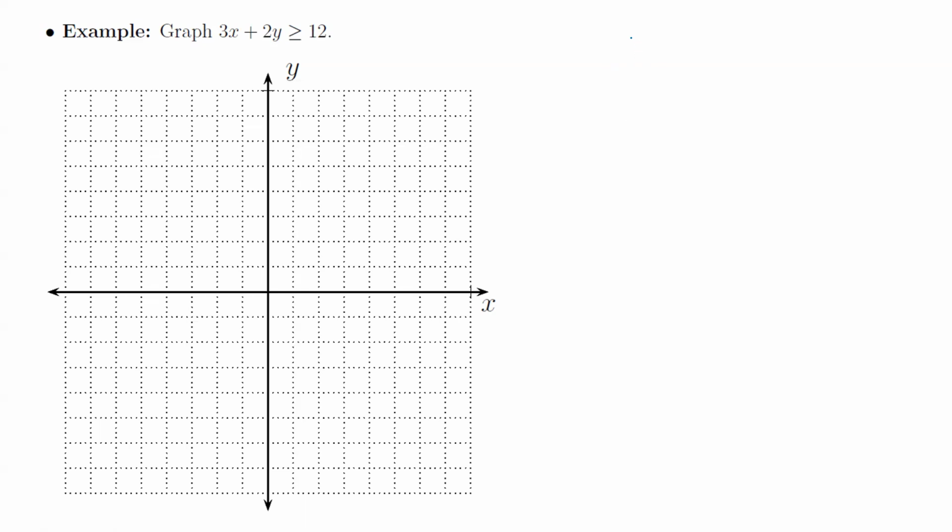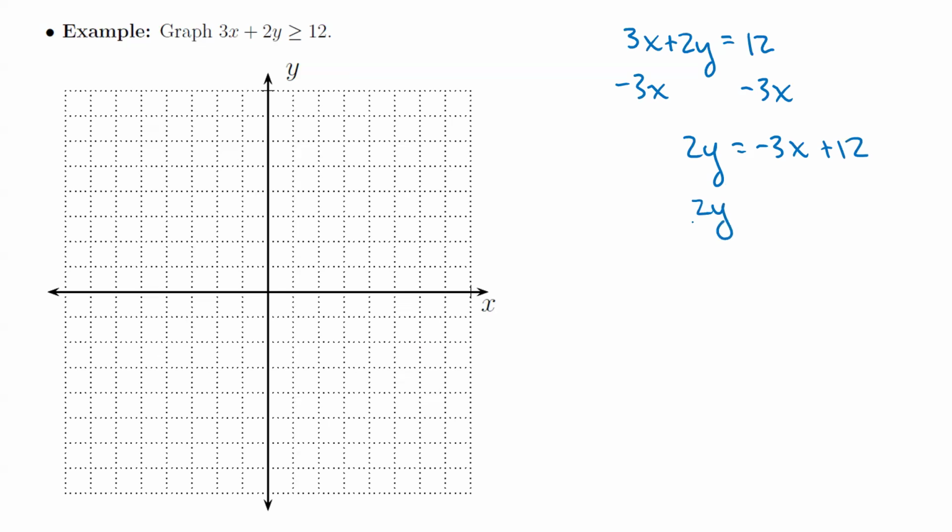So we'll start by plugging an equal sign in instead of the inequality. We'll get y by itself. Y is equal to -3/2 x plus 6.